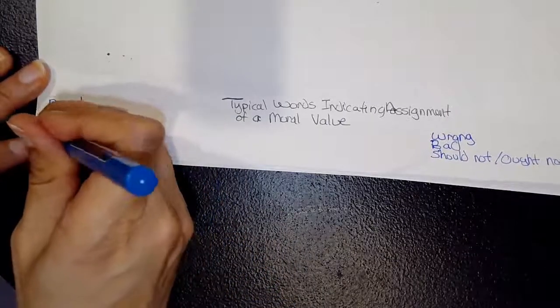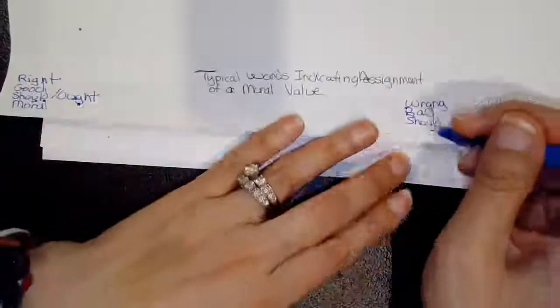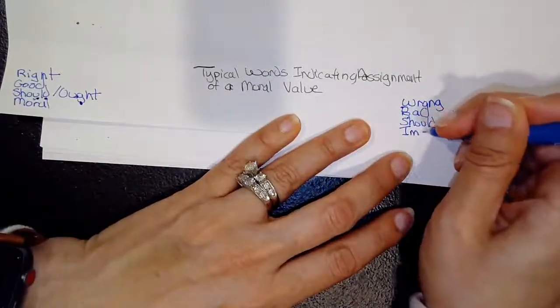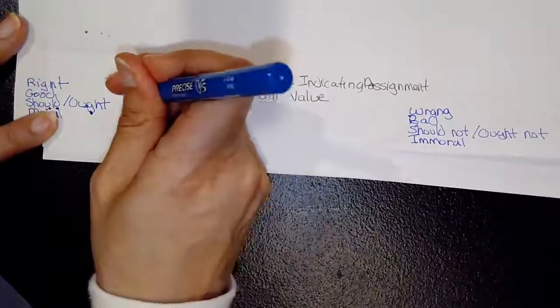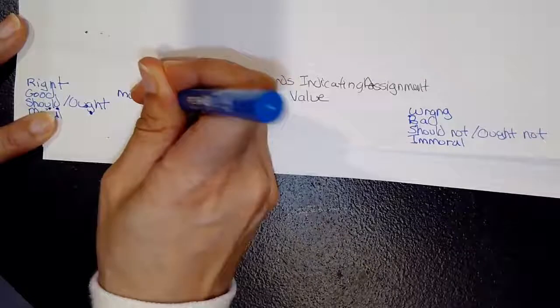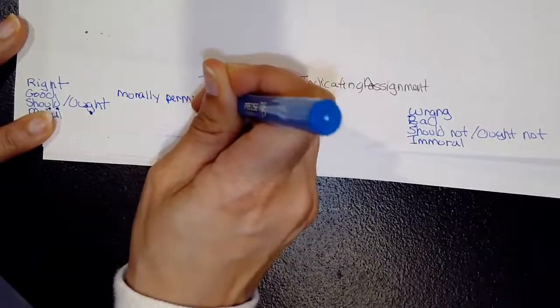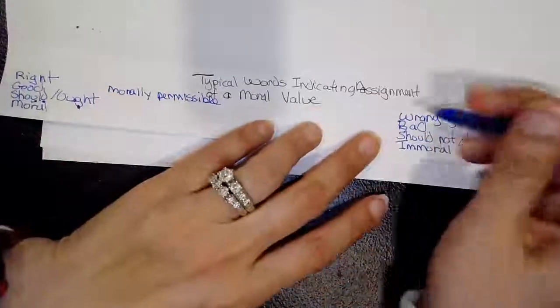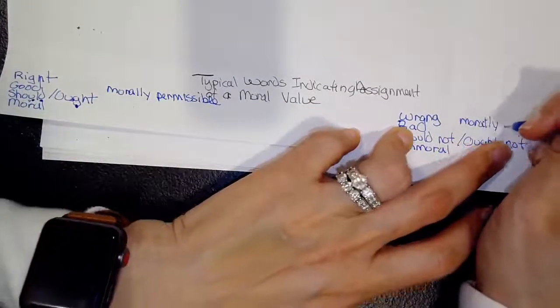Okay, so some other phrases that you might see is moral. What do you think the opposite is there? Immoral. Another phrase you might see is morally permissible. So here you might see morally impermissible.